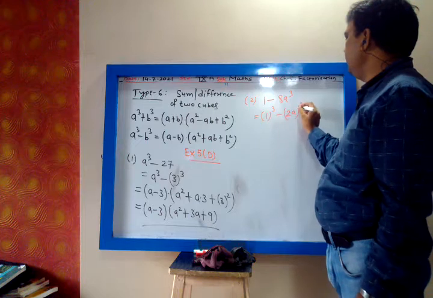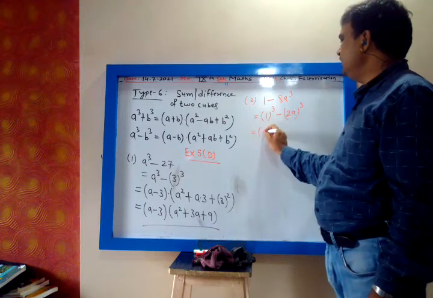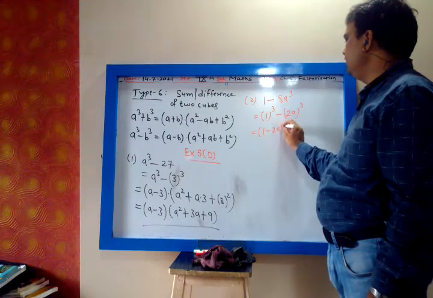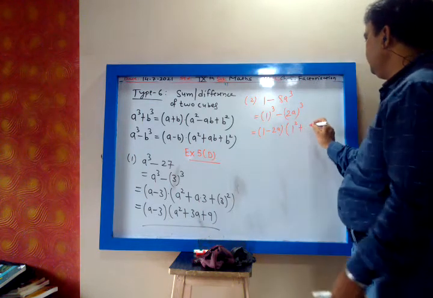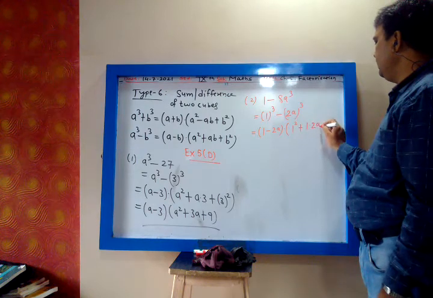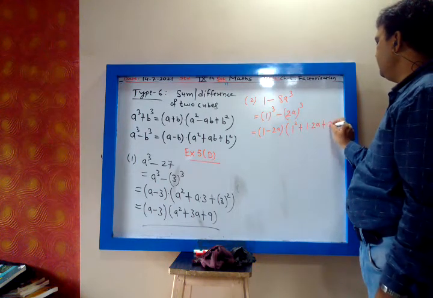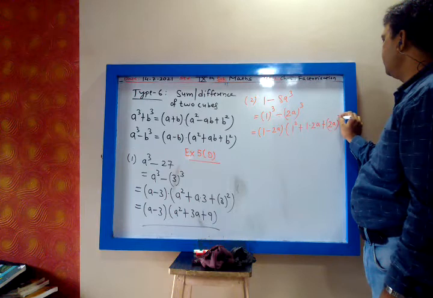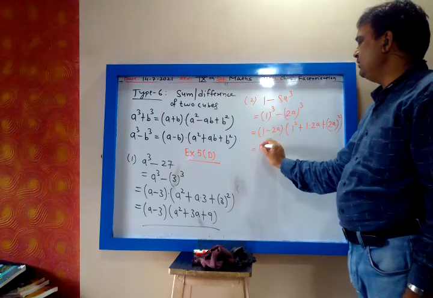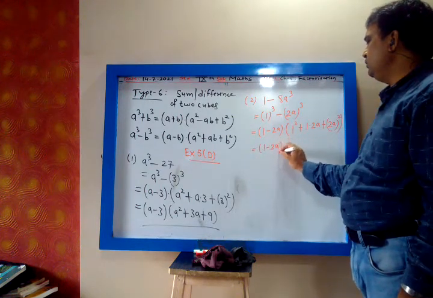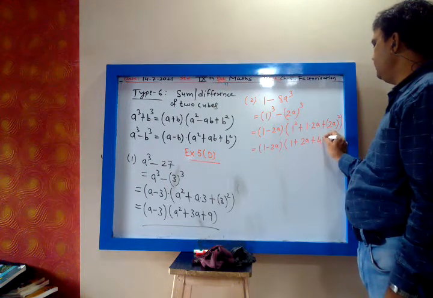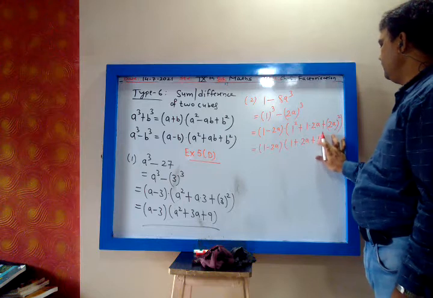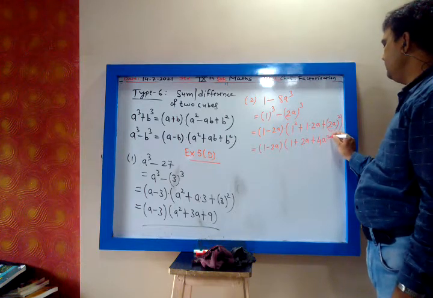Then use the formula a cube minus b cube, that is a minus b, 1 minus 2a into a square plus ab, 1 into 2a, plus b square, 2a whole square. So that is 1 minus 2a into 1 plus 2a plus 4a square. 2a whole square is 4a square, and this is the answer.